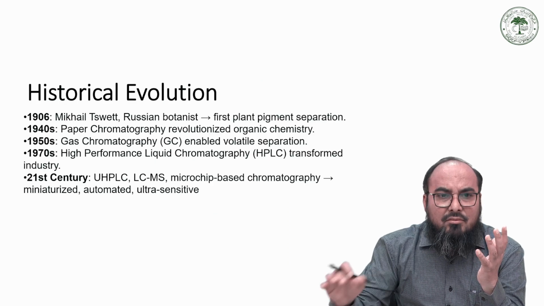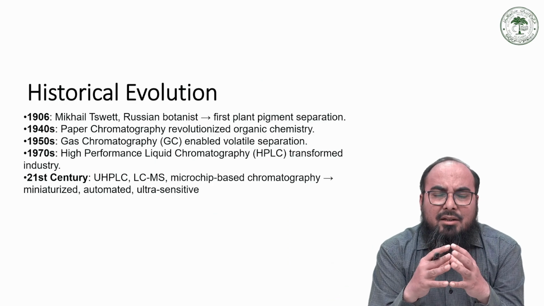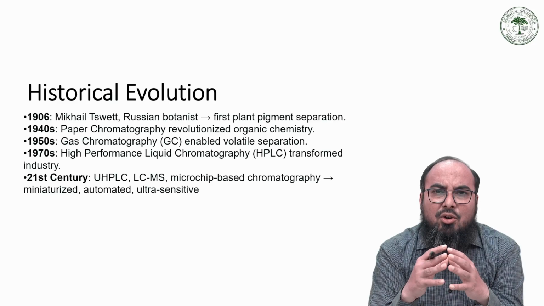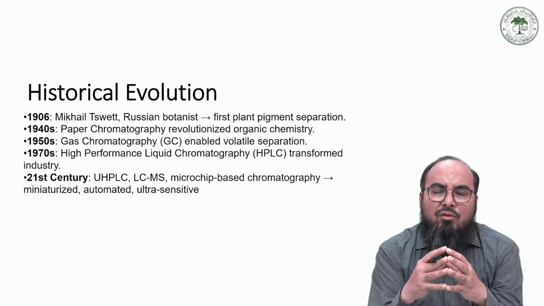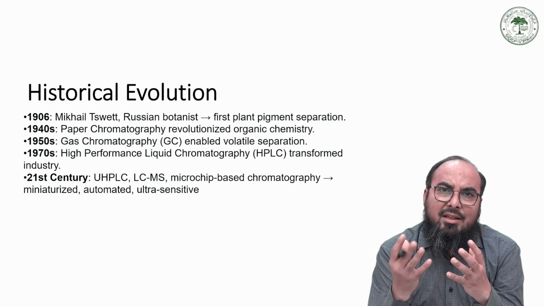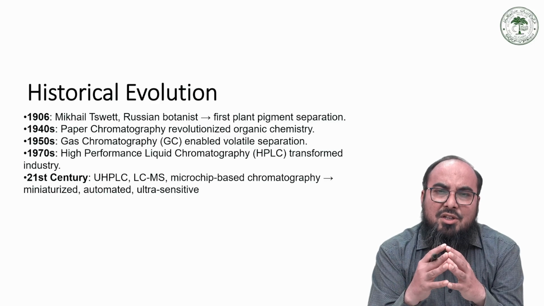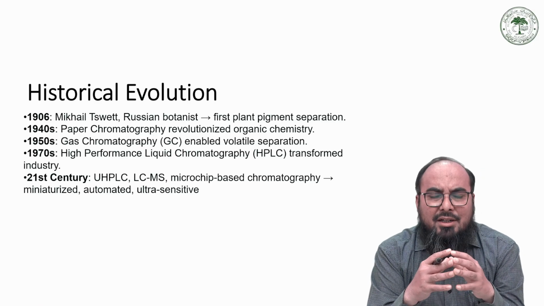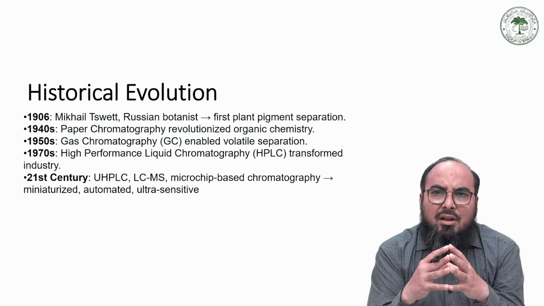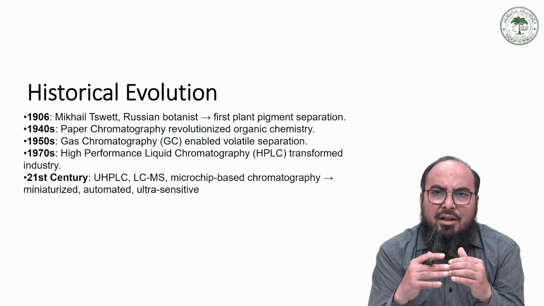Now, the problem with the distribution constant is that you cannot measure it directly. So in the coming slides, we will see how we are going to quantify this important characteristic feature, the distribution constant.